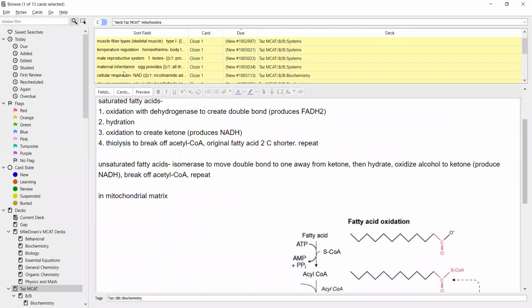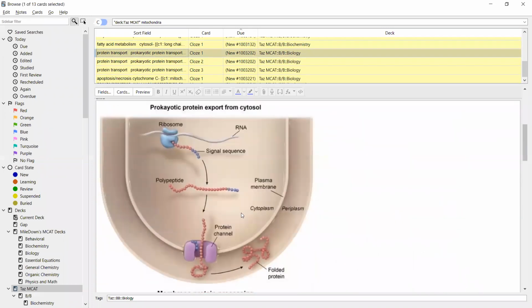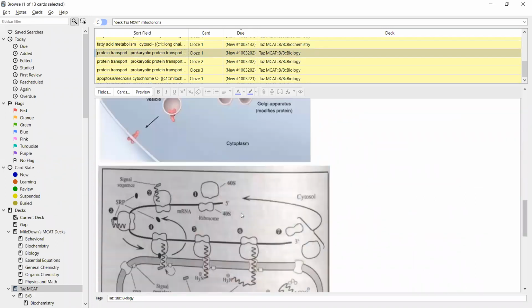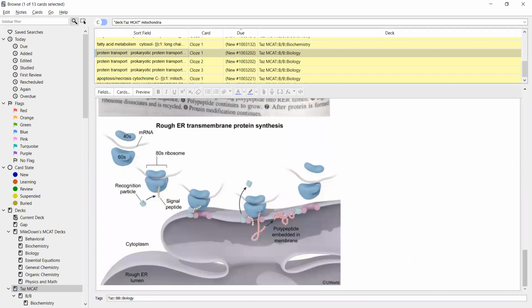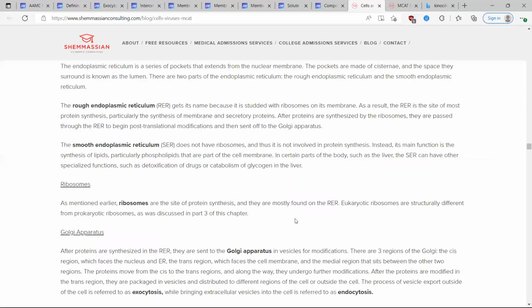Where was it? Yeah, right here. Oh, this is what I was looking for with the signal peptide. So when there's a signaling molecule, that signaling molecule tells it to come here, and then it'll finish its production here in the rough ER.